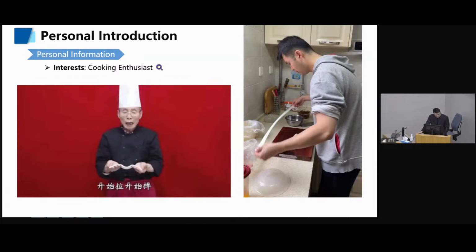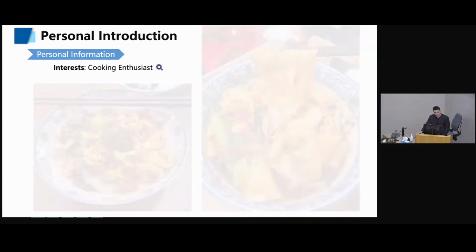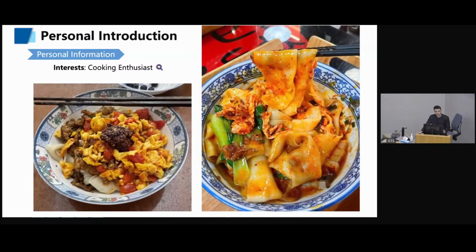So my signature dish is biang noodles, one of the most iconic foods from Xi'an, and also among the most popular noodle dishes in China. Here are two pictures of noodles I made.